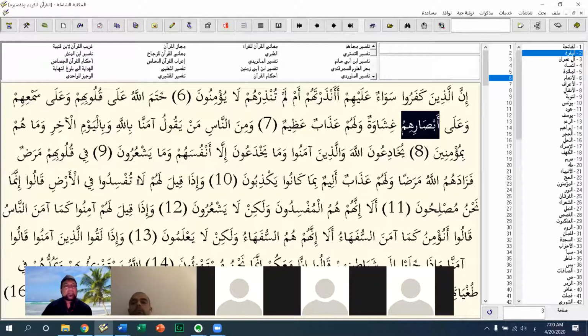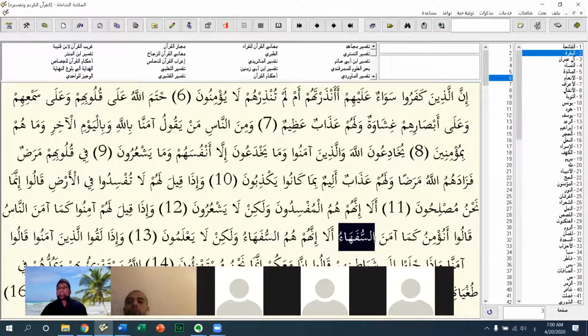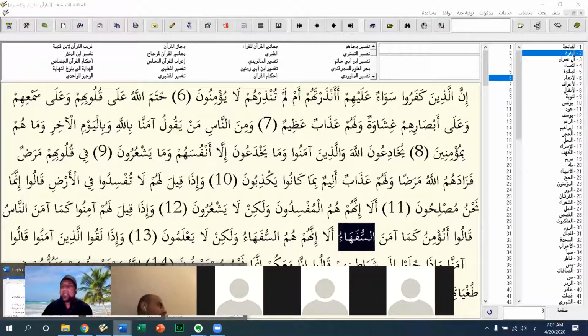قلوبهم، مصلحون جمع المذكر السالم، المفسدون جمع المذكر السالم. سفهاء is plural. It's singular of as-safihu. Safihun, as-sufaha'u, which is on the pattern of fu'ala.